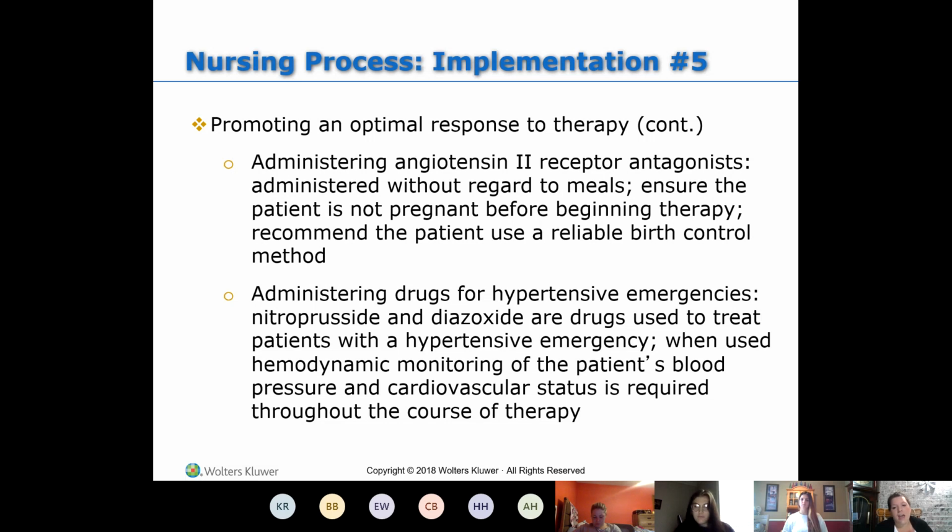But if it was still hanging out close to the 170s systolic and close to 100 diastolic, we would give medications IV in pre-op to lower their pressure prior to surgery, to decrease their risk of stroke and all of that. And when we administered those drugs, they had to remain on a pulse ox continuously, and we had to check their pressure Q5 until they went back. So those are the type of drugs we're talking about with patients with hypertensive emergencies.